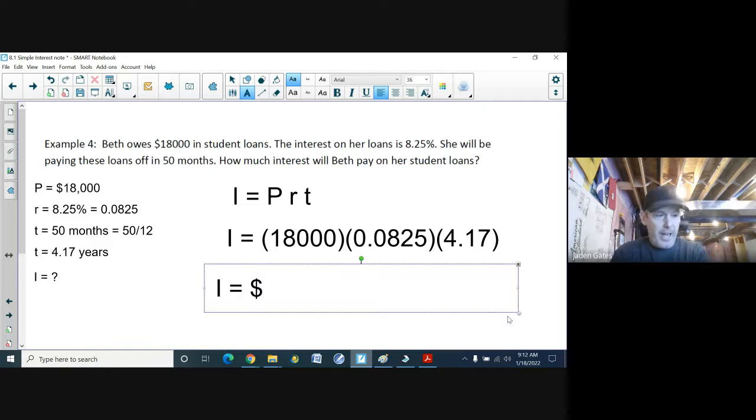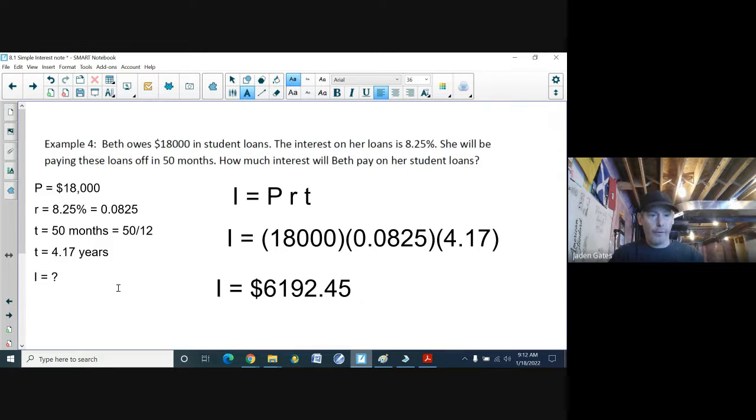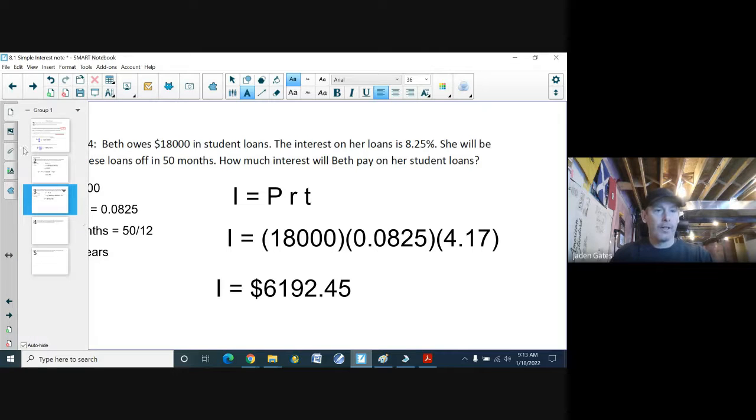She's going to have to pay, yikes, $6,192.45. So for her to borrow $18,000 for 4.17 years, it's going to cost her over $6,000. Again, interest is a tax for borrowing money. Sucks if you don't have a lot of money. It's really good if you're the lender.